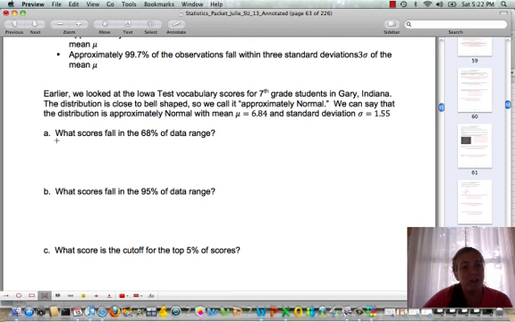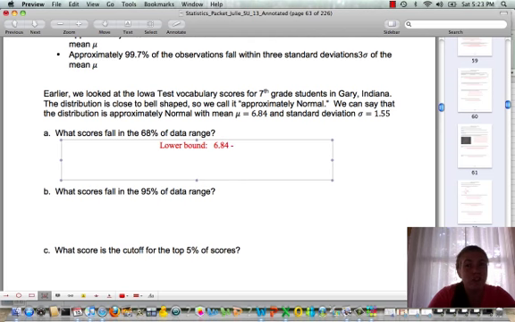So part A asks, what scores fall in the 68% of the data range? So 68% is 1 standard deviation. So the lower bound is going to be 6.84 minus just 1 standard deviation, so minus 1.55. And if we subtract, that gives us 5.29 is the lower bound for 68% of the scores.